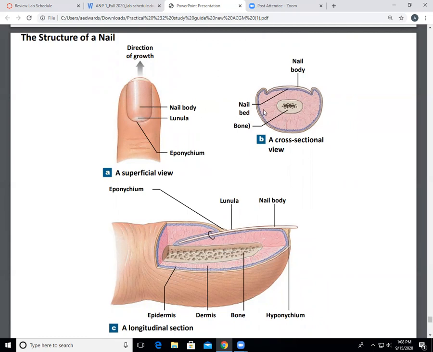Okay, if you do a cross section, so you can see the nail body here, just beneath or just deep to the nail body structure we call the nail bed. All right, and inside the nail is the bone, the digit or phalange.